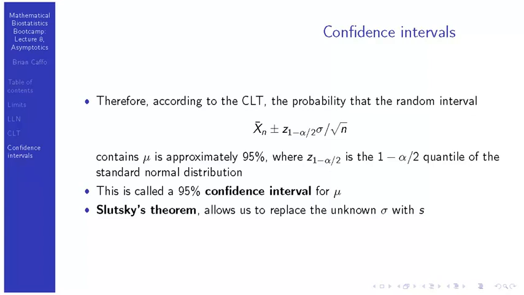Okay, so this is the idea that we can create so-called confidence intervals, random intervals that contain the quantity that they're trying to estimate with 1 minus alpha probability, like 95% probability. We can create such intervals by taking the estimate plus or minus a standard normal quantile times the standard error.